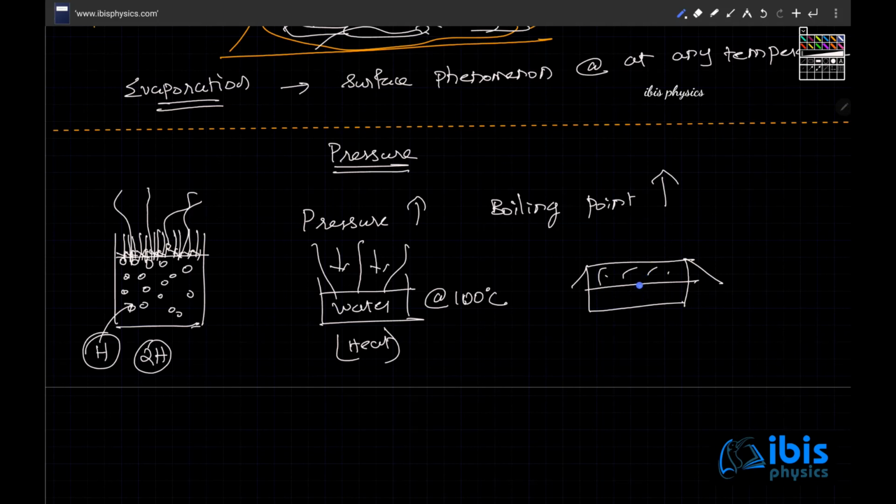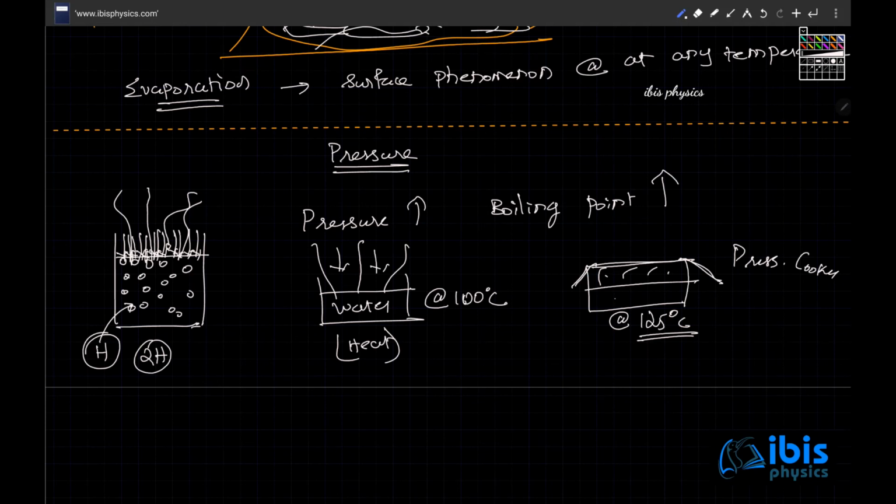So water here boils at 100 degrees Celsius at normal pressure. At very high pressure, let's say double the pressure, water boils at 125 degrees Celsius. This is nothing but a pressure cooker. In a pressure cooker, water boils not at 100 degrees Celsius, but at more than 100 degrees Celsius. This is about the effect of pressure on the boiling point.